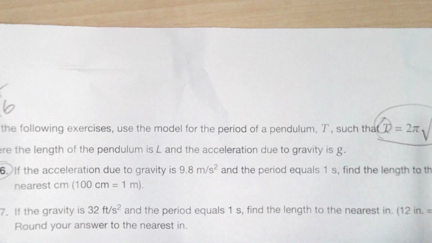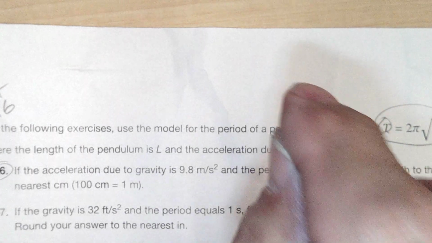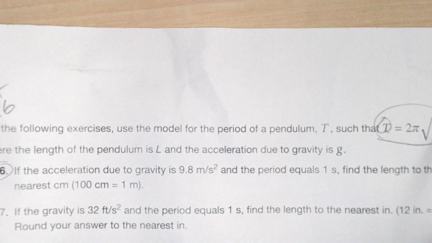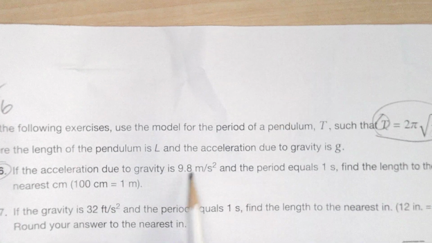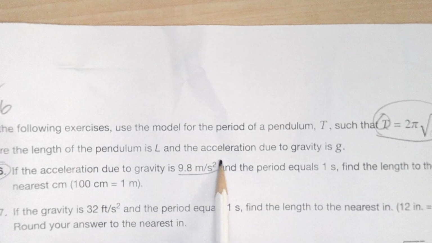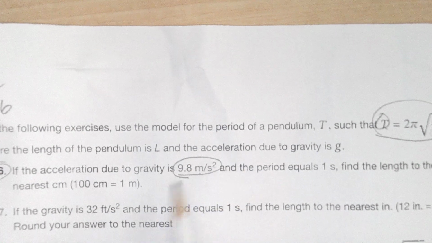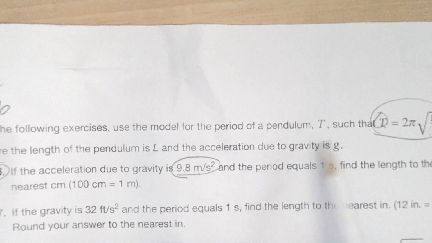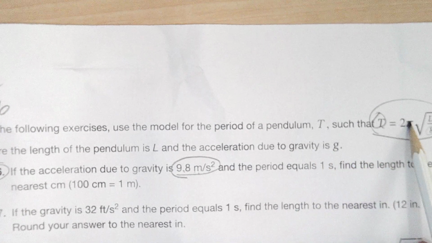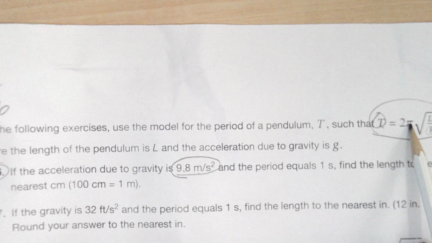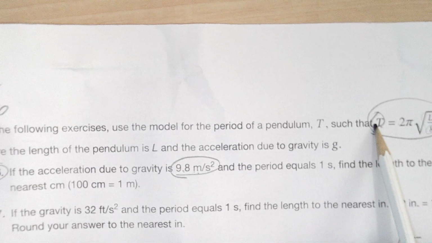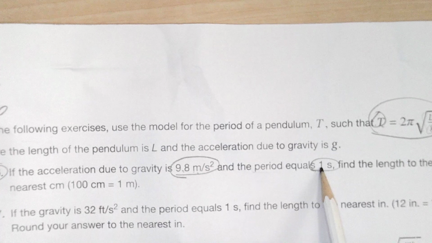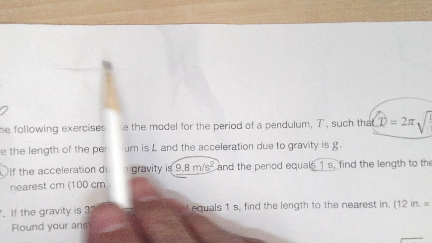And this is the length, how far it is from the top to where the center of mass is. And g is acceleration due to gravity. In the metric system, it's 9.8 meters per second squared. And 2 and pi are just the normal 2 and the normal pi, with the square root. That's the T. And they want the period to be 1 second, 1 second to swing over and back.